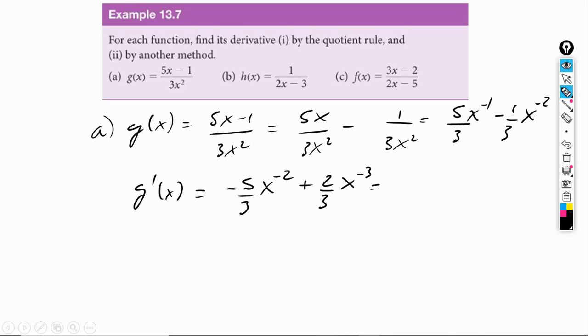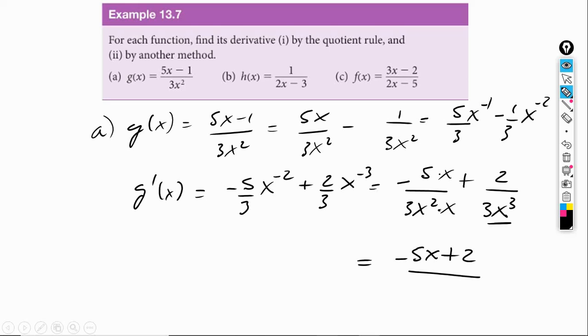Notice that this is equal to minus 5 over 3x squared plus 2 over 3x cubed. Okay, since I want to add these and I have 3x cubed here, I'm going to have to multiply this by x, therefore this by x as well, and then I'm going to get the same expression that I had before, which is minus 5x plus 2 over 3x cubed.